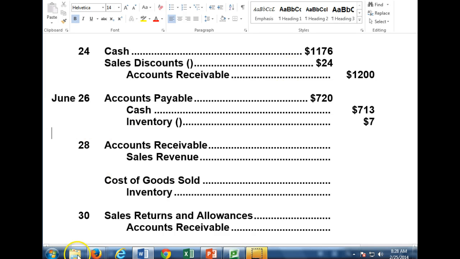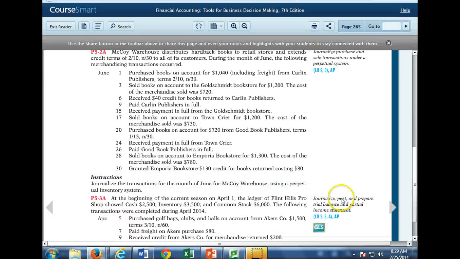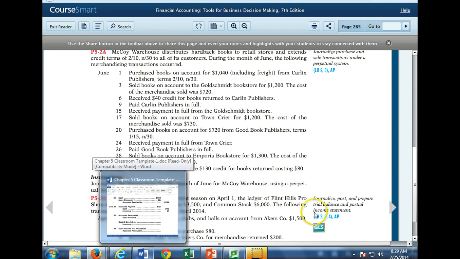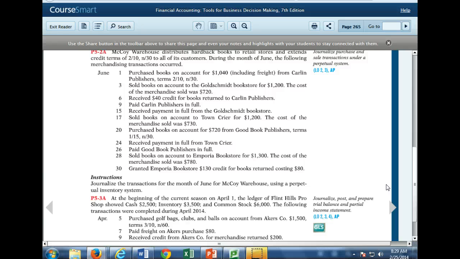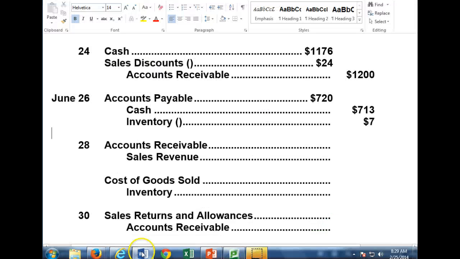Now, on the 28th, sold books on account to Emporia Bookstore for $1,300. The cost of the merchandise sold was $780. What are we going to do here, guys? We sold books on account for $1,300. The cost was $780.